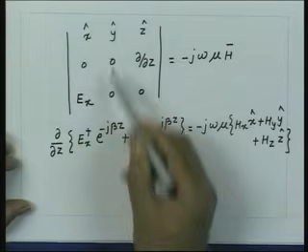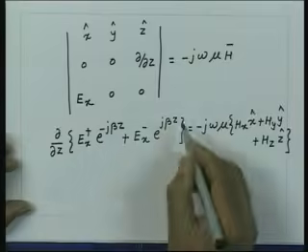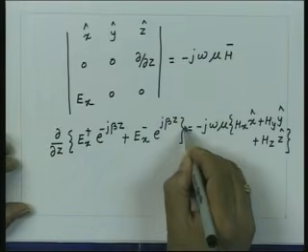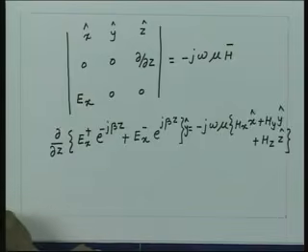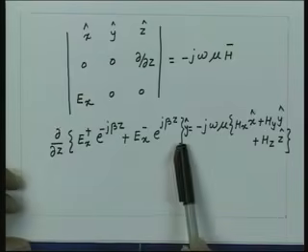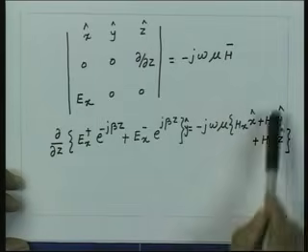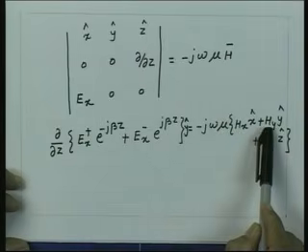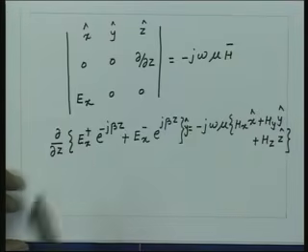And as we have seen earlier, this is d by dz of x, so essentially this is the y component. The Hx in this case is 0, the Hz is 0, and the y component is given by d by dz of this quantity.